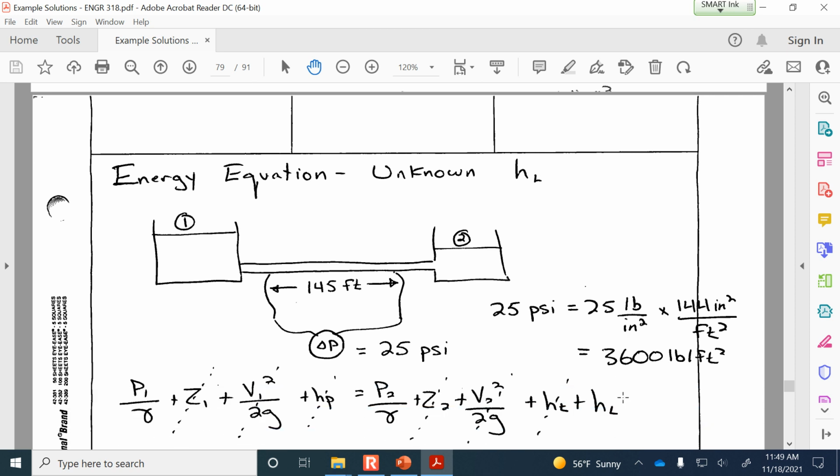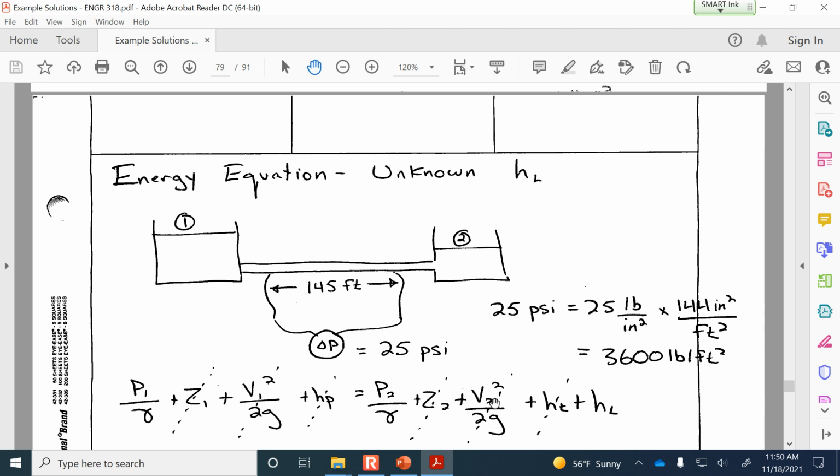Okay, so here's the energy equation, and you can see which terms I've canceled out. At location 1, which is where we've got the upstream tap, and location 2 is the downstream tap. The elevation is the same, so Z1 equals Z2, so that doesn't need to be in the energy equation. V1 equals V2 because the pipe diameter is the same. That means that the velocity through the pipe will be the same at both locations.